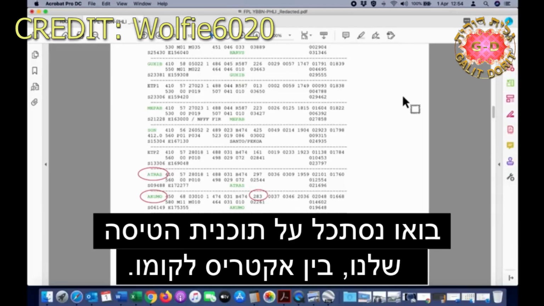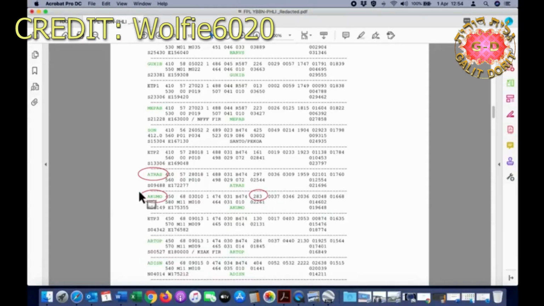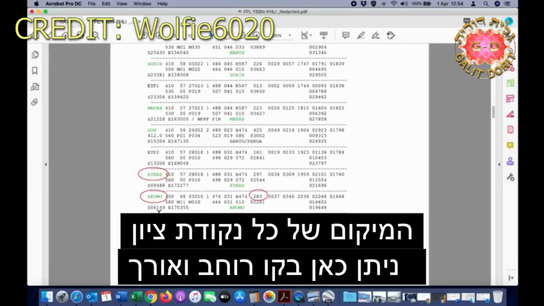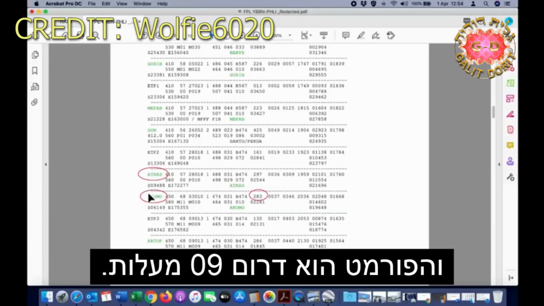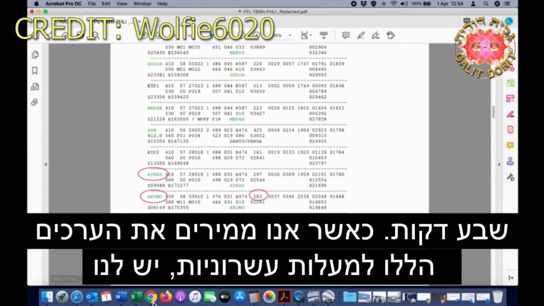So let's take a look at our flight plan pair. Between Atras and Akumo, the flight plan distance is 283 nautical miles. The location of each waypoint is given here in latitude and longitude, and the format is south 09 degrees 48.8 minutes, east 172 degrees 27.7 minutes.